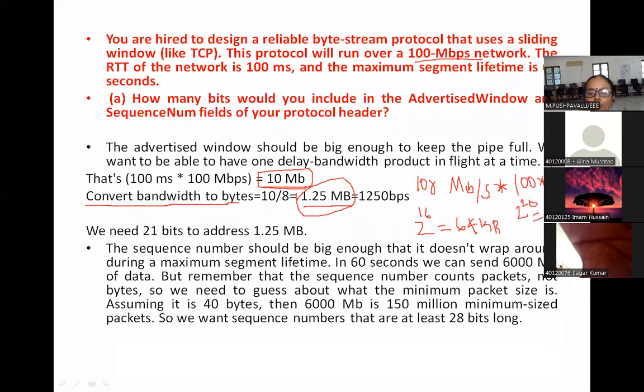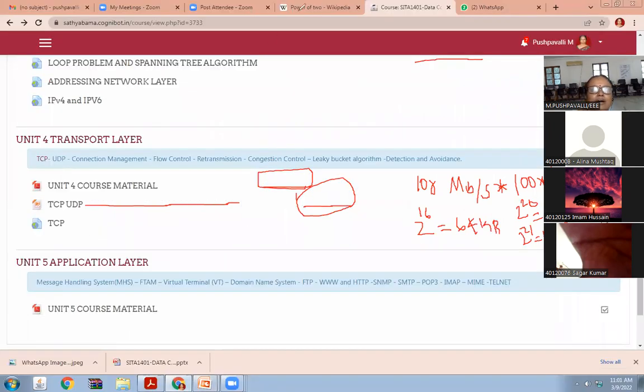Now 2 power 21 is obviously 2 MB. Why? Because this is calculated from the powers of 2.